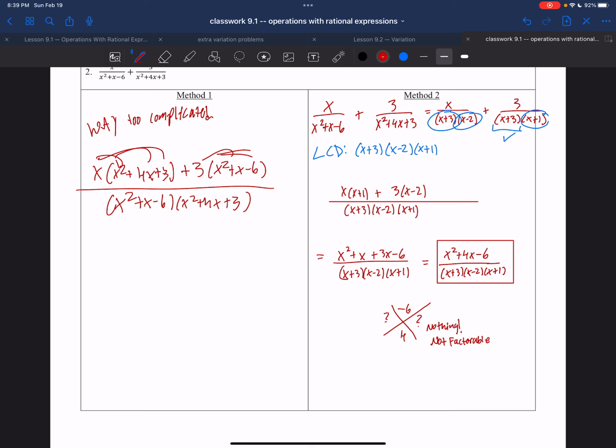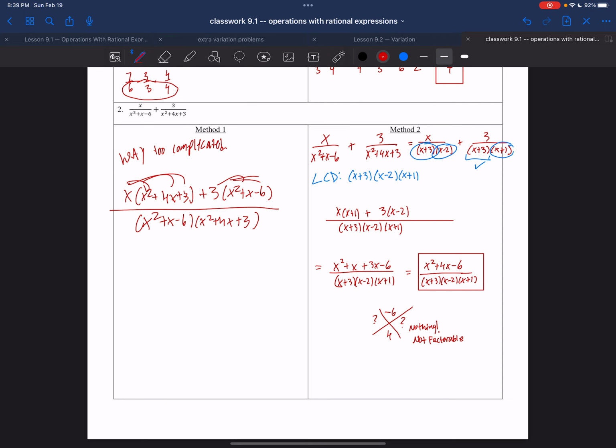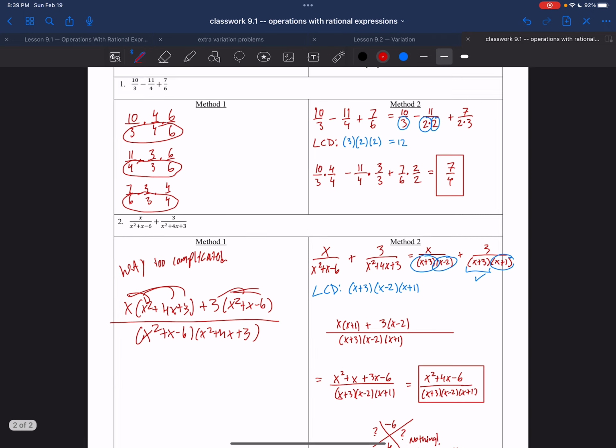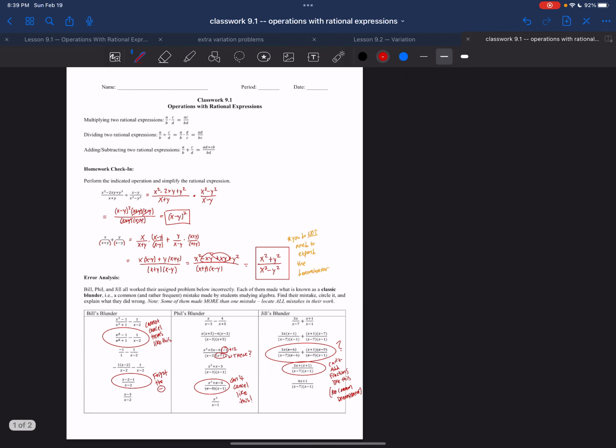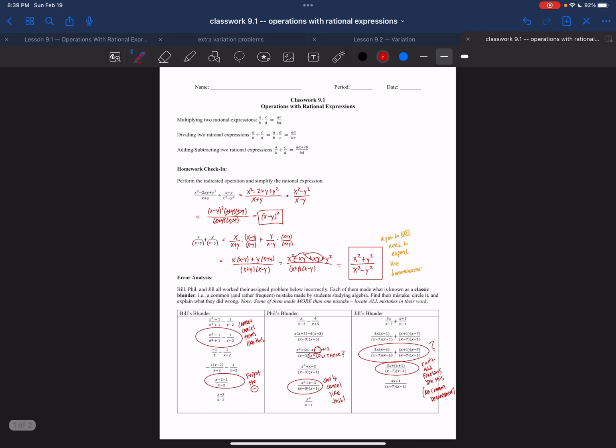Factoring that you might get stuck on because it looks so complicated, all right? It'll still work, but it's not efficient. So you're welcome to try it on your own method 1, and if you want to talk to me about it, you can. But I'm just not going to do it in this video, okay?